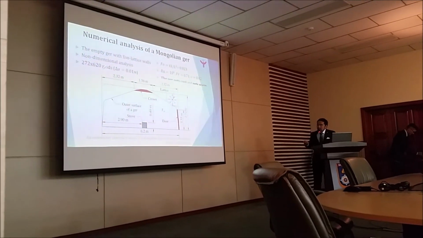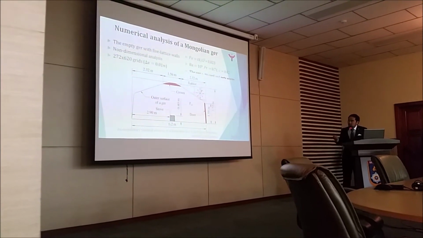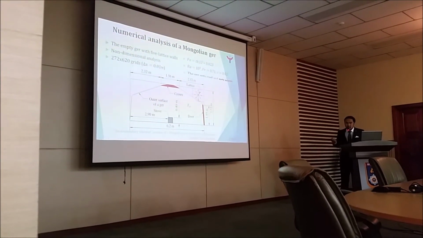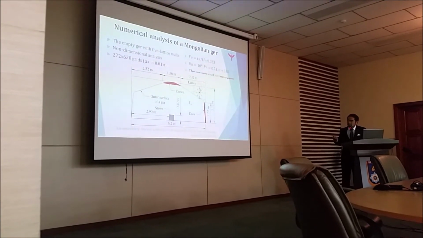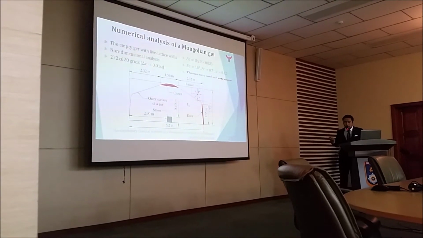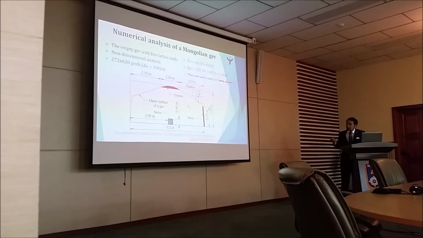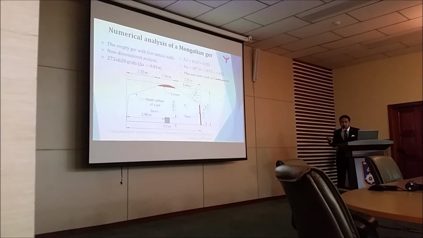And here, this is the Ger, and some parameters for computation. And the important thing is we solve two situations: the Ger gets cooled from the warm condition, and second, the Ger gets warm from the cold condition.